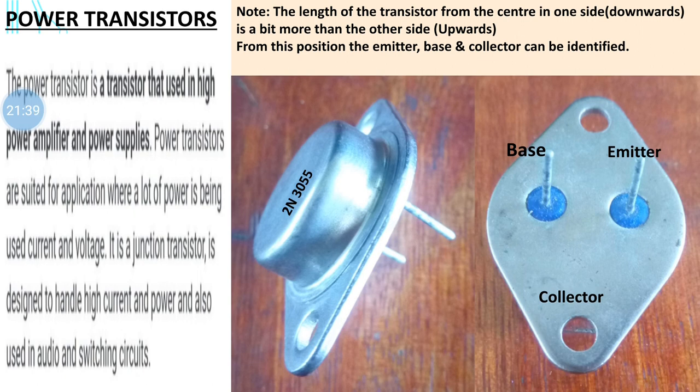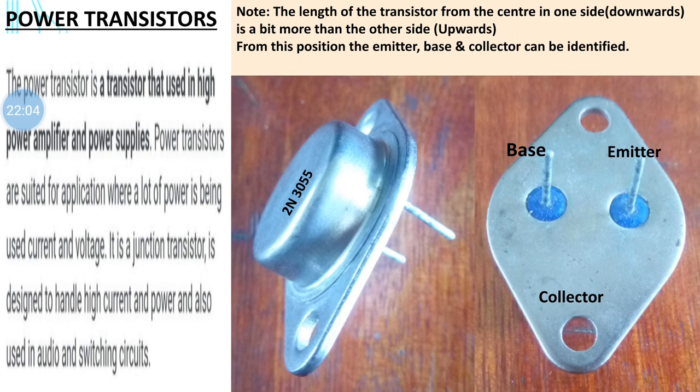To identify the leads of this transistor, which are the emitter, base, and collector, you have to know that once the transistor is placed in a certain position, the length of the transistor in one direction is much more than the length on the other side.